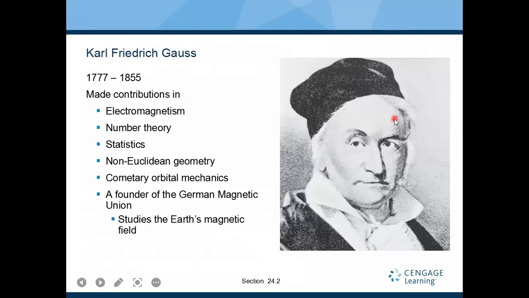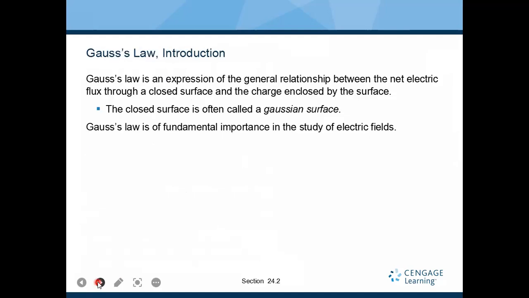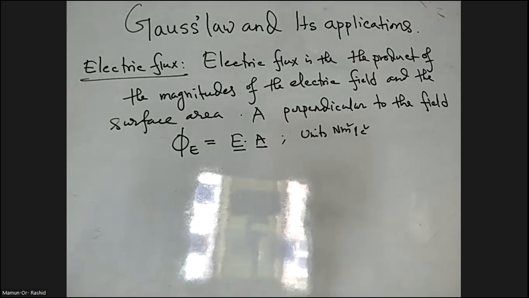So this is Carl Friedrich Gauss, a great mathematician and physicist. Now we will discuss what Gauss's law is. We have discussed what an electric field is, and now we will try to understand Gauss's law.